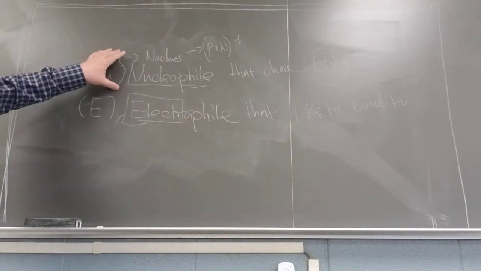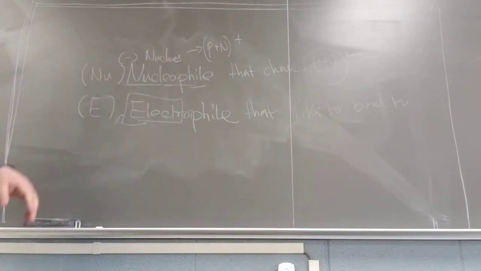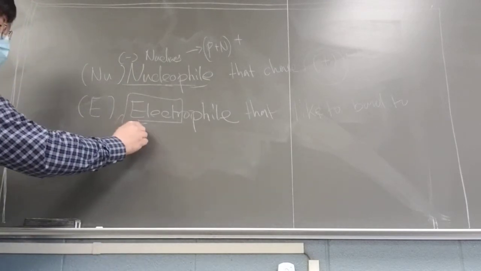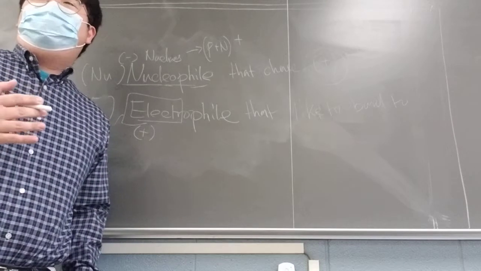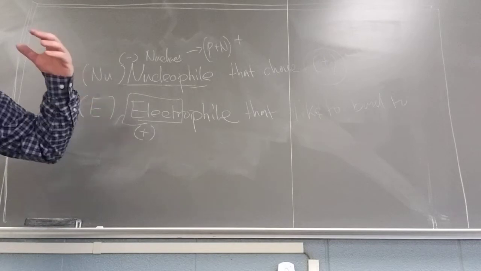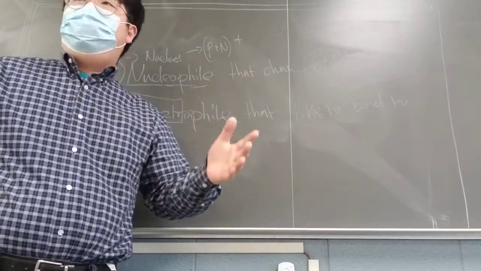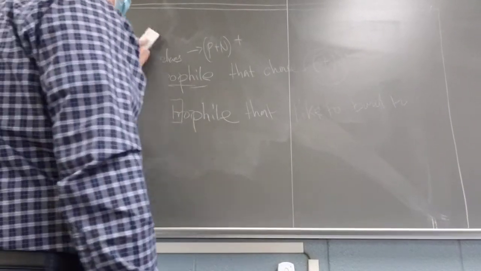So for a nucleophile there's maybe a 90% or 95% chance it will be negatively charged, which is why it's chasing something positive. And most likely, not always, something positive will become your electrophile, which is why it's chasing something negative. Makes sense, right? It's just all this plus and minus thing we're going to do today.